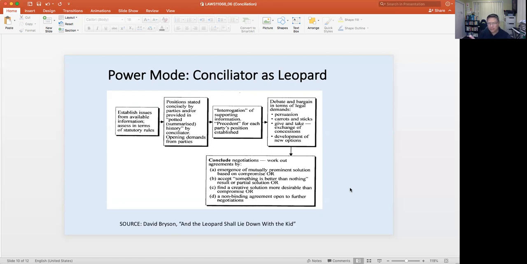But just quickly, when we talk about letter D, a non-binding agreement open to further negotiations, what can happen is that there is kind of an agreement between the parties, but that agreement is conditional upon some other event happening or some other agreement being done. Okay, so that's the power mode.